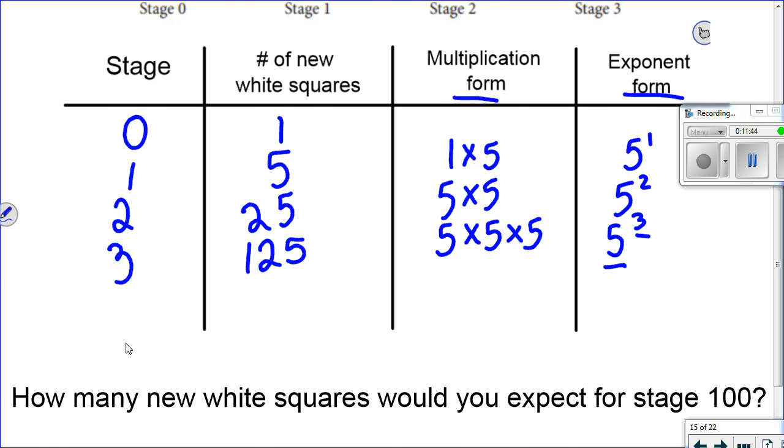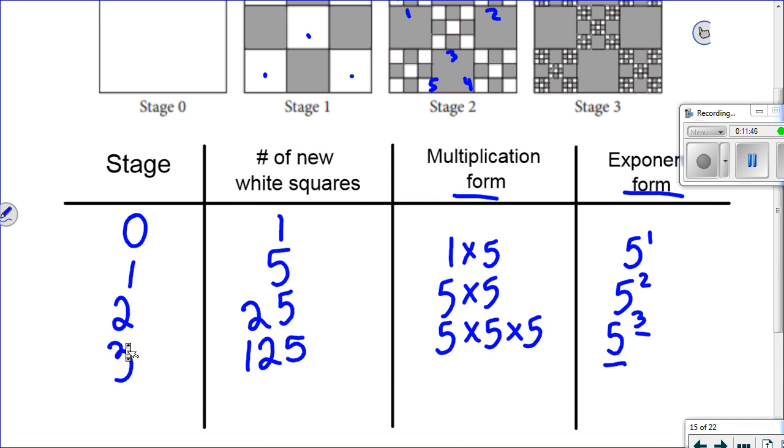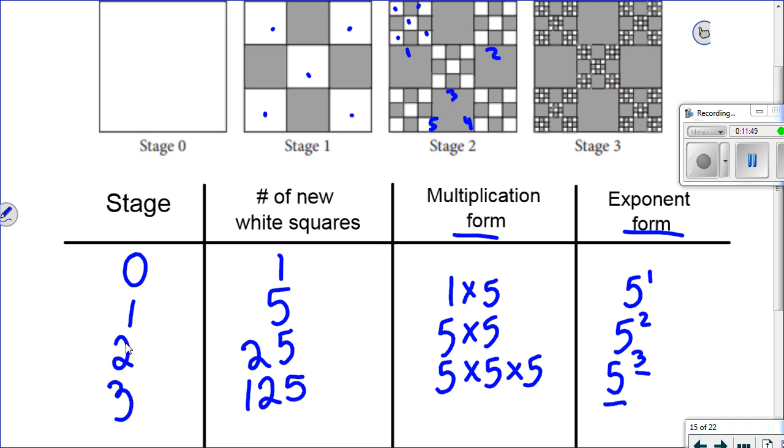So now I'm going to go back to the top, just to remind you of something. So what about at stage 0? I'm going to jump to exponent form for stage 0. Well, it looks like at stage 1, my exponent is 1, stage 2, my exponent is 2, and so on. So following that pattern, at stage 0, my exponent is 0, 5 to the 0 power, right?